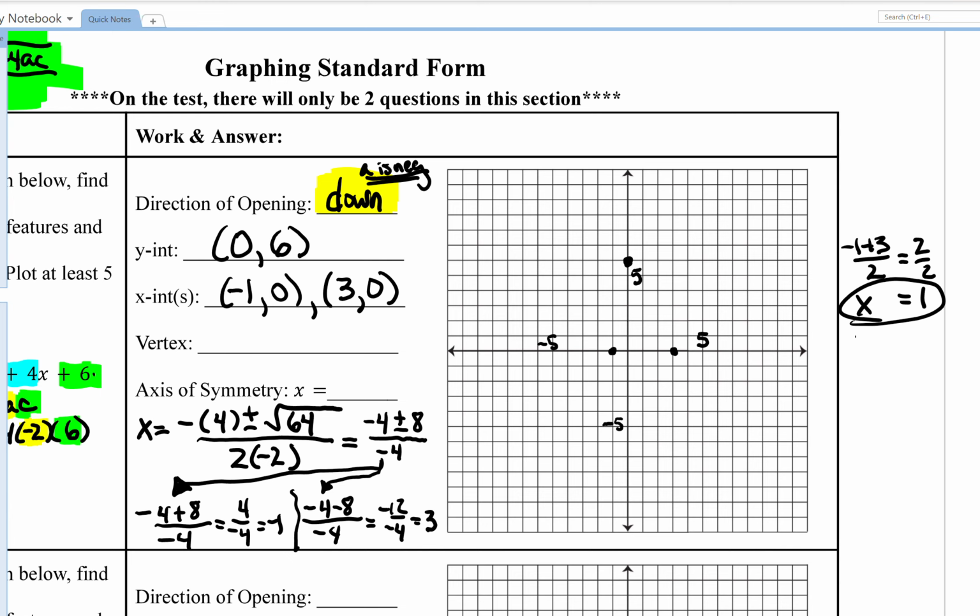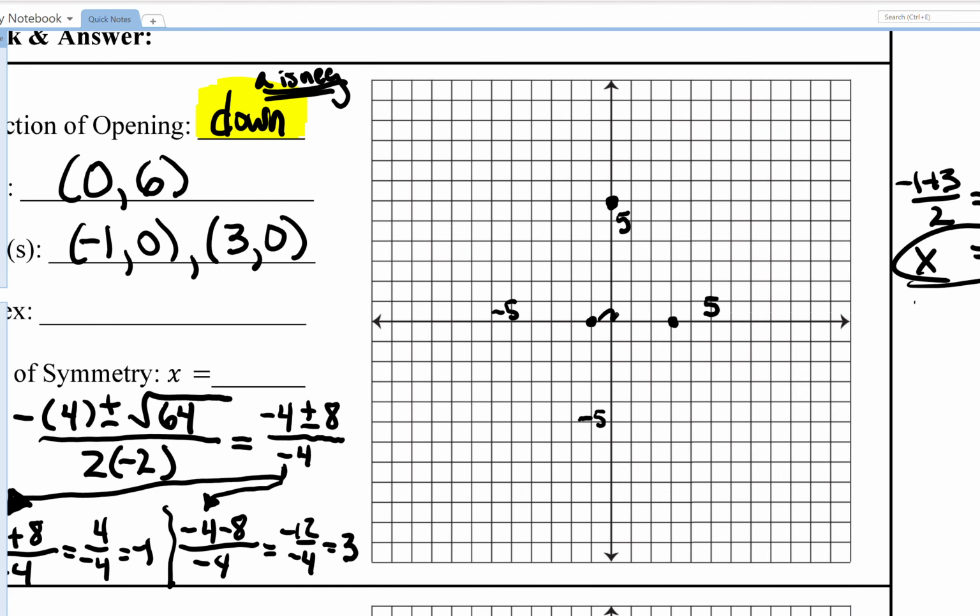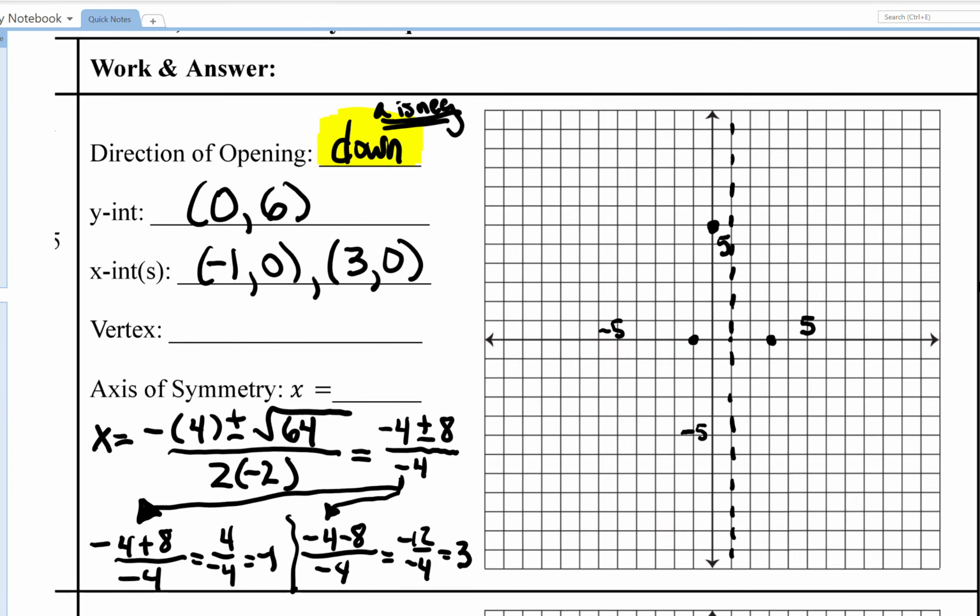But I can also just look at this and say there's 1, 2, 3, 4. Half of that is 2, so I can go 1, 2 from one side, or 1, 2 from the other side, and either way, it would give me x equals 1. So my axis of symmetry is that line right there, and everything is symmetrical about it.